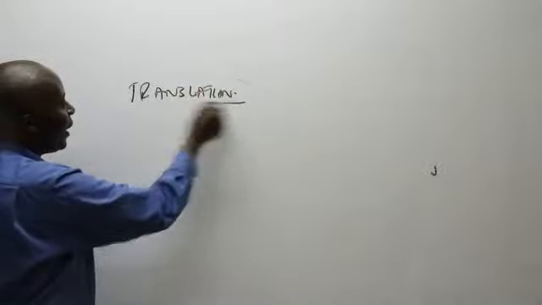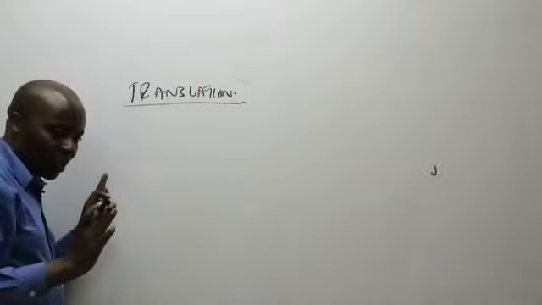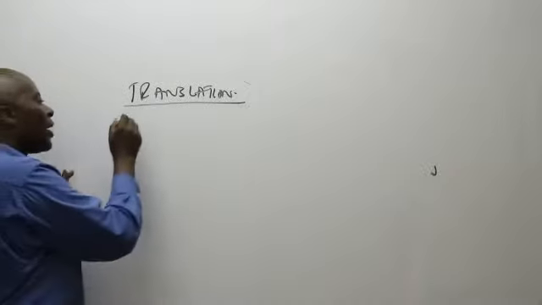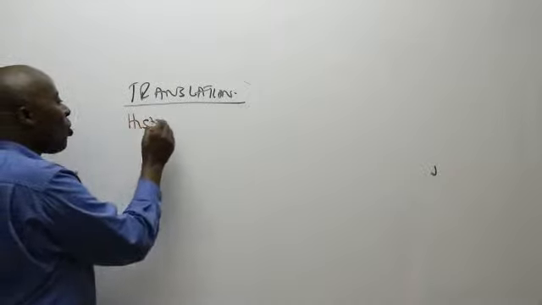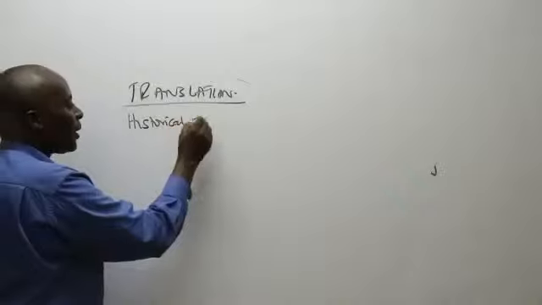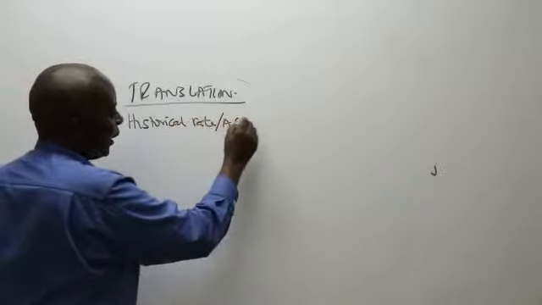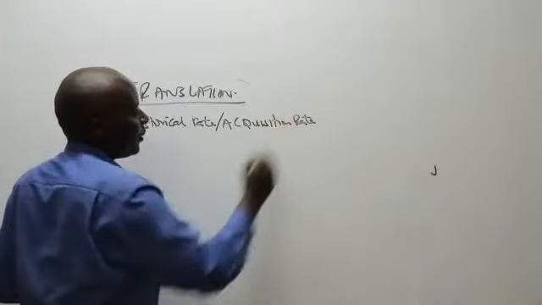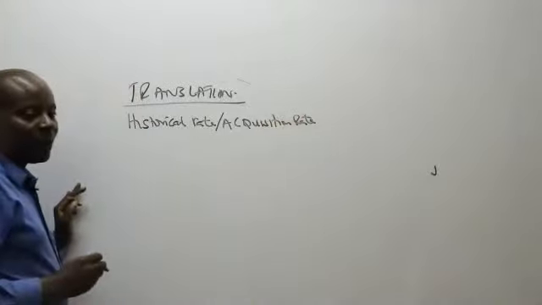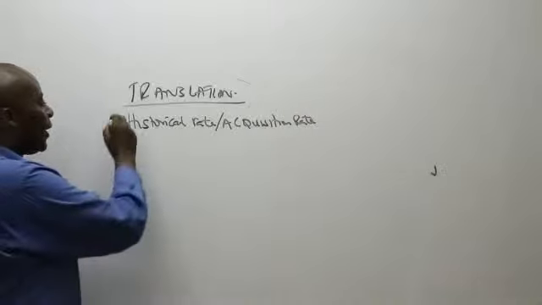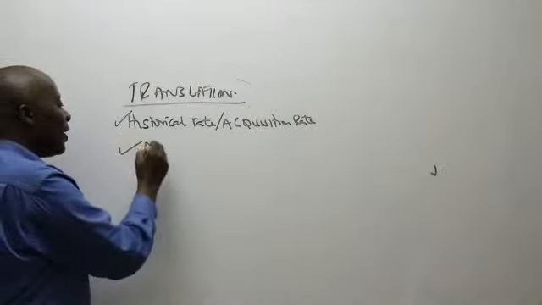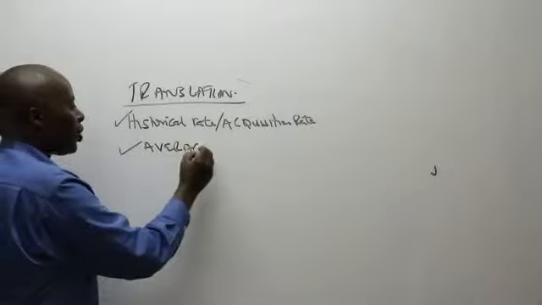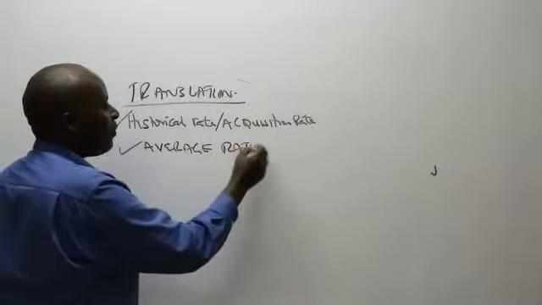you will be given three rates. In most cases, you will be given what we call the historical rate. At times some books call it the acquisition rate, exchange rate. You'll be given the average rate.